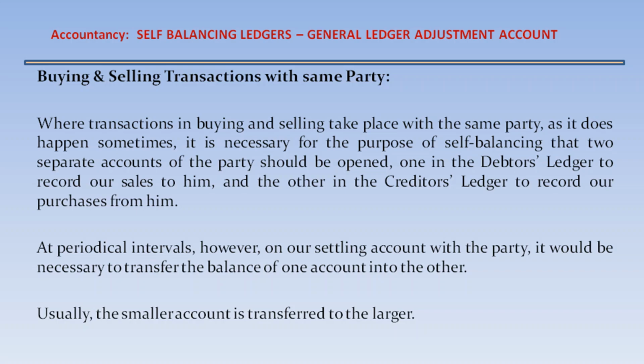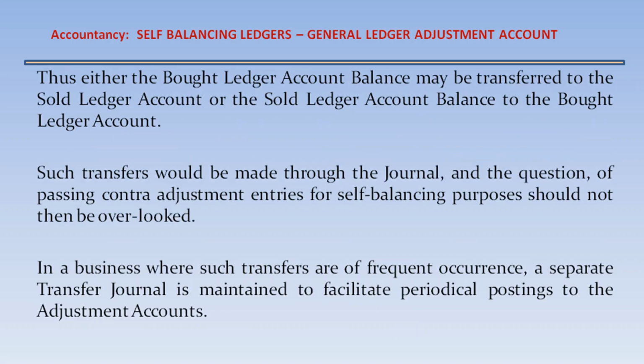At periodical intervals, however, on our settling account with the party, it would be necessary to transfer the balance of one account into the other. Usually, the smaller account is transferred to the larger. Thus, either the bought ledger account balance may be transferred to the sold ledger or the sold ledger account balance to the bought ledger account.